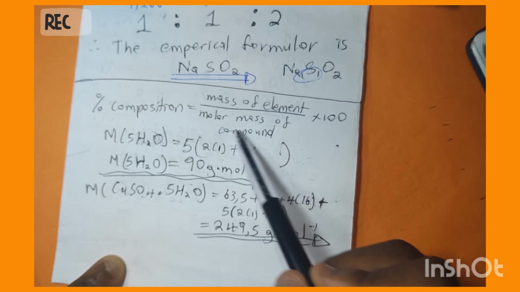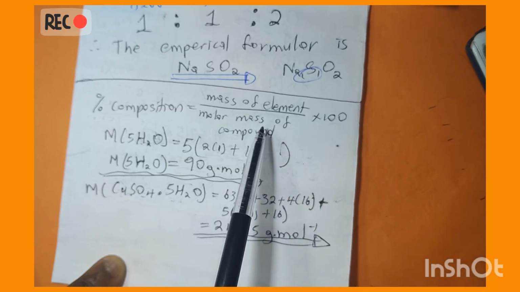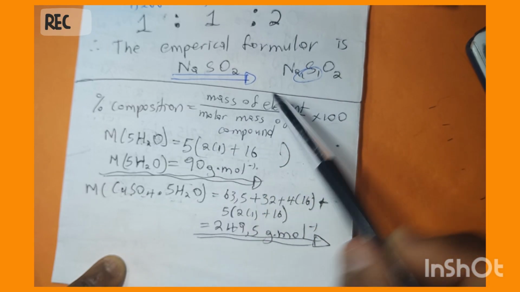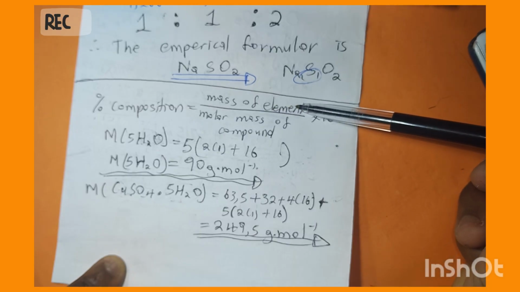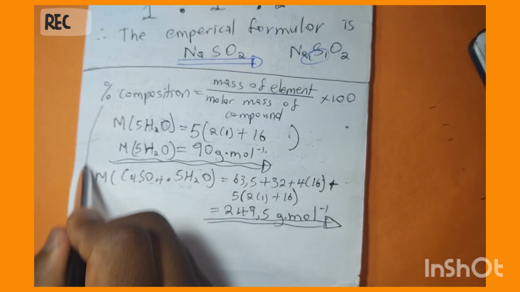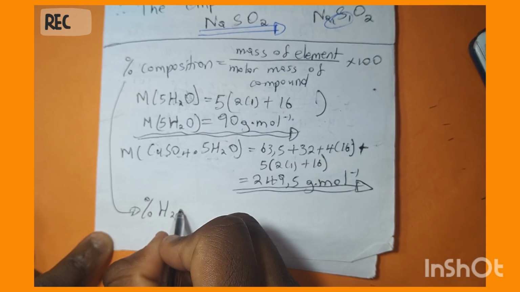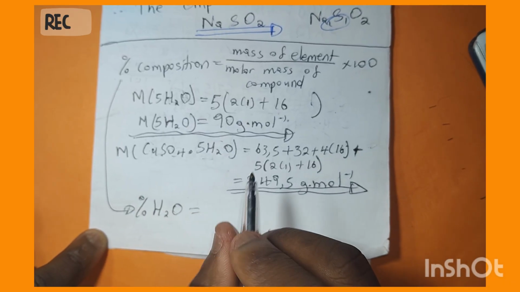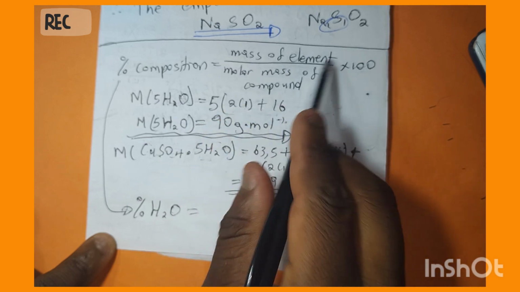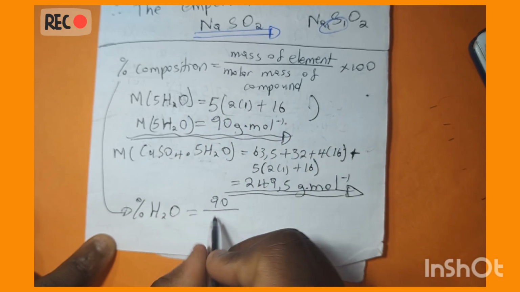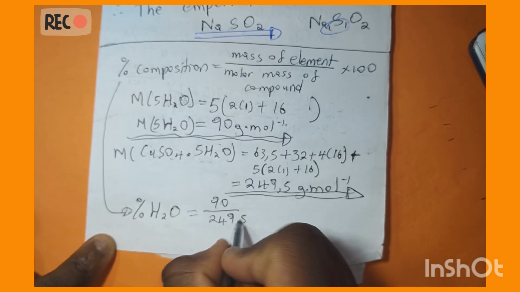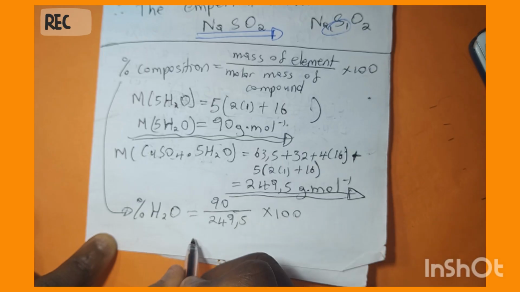All the time, when we are calculating a percentage, our denominator should be bigger than our numerator. Now I will substitute into this equation. The percentage of water will become 90 divided by this, multiplied by 100.